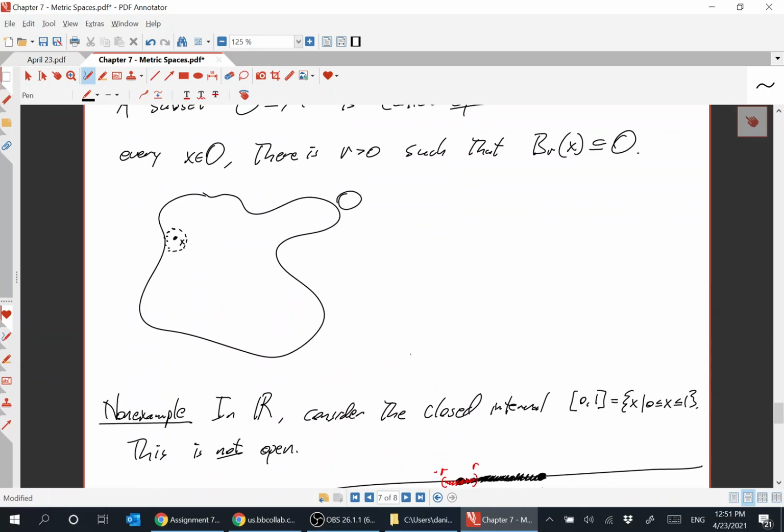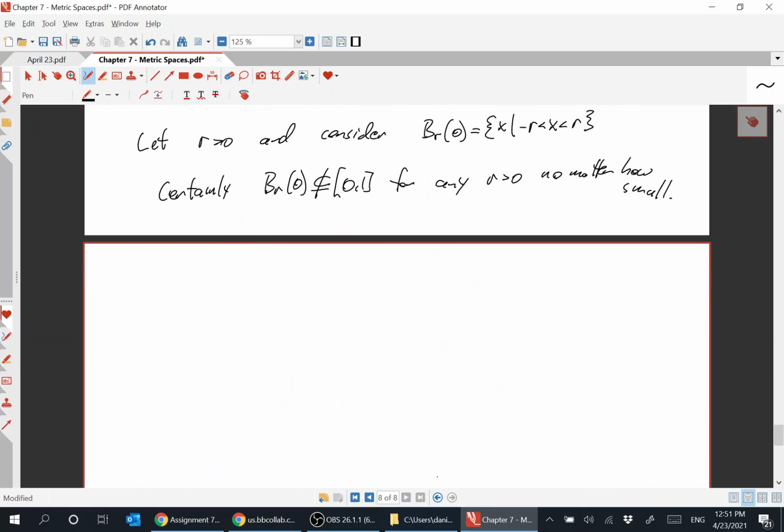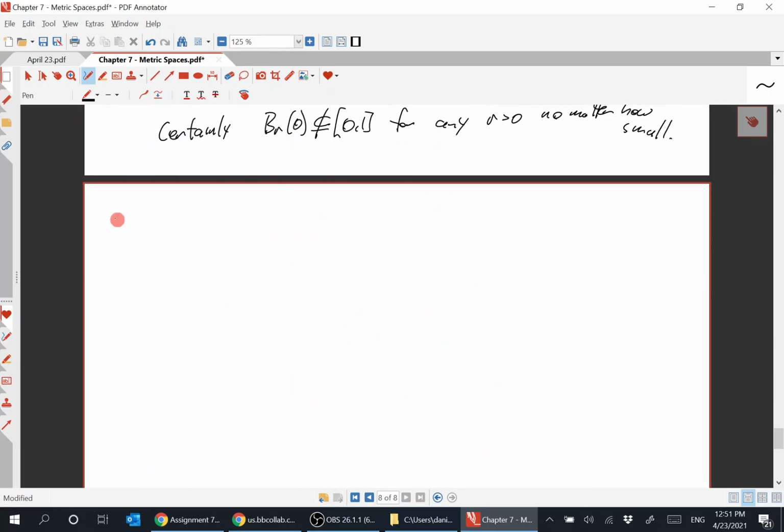Here is an example for any metric space. When we were defining balls, we described them how?